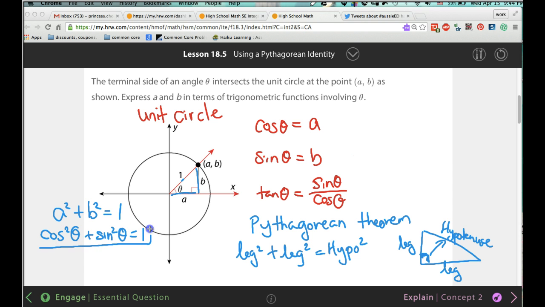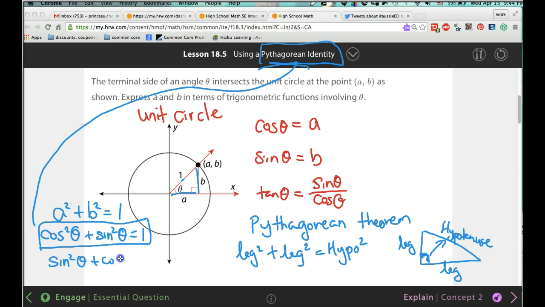And there you go. This is your Pythagorean identity. And this is one of those formulas I told you gotta memorize, right? And remember, 2 plus 3 is 5 and 3 plus 2 is 5. Commutative property of addition. So this is the same as sine squared theta plus cosine squared theta equals 1.